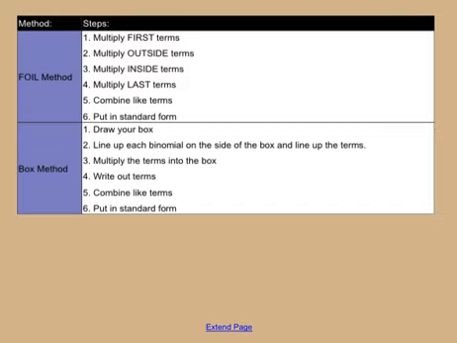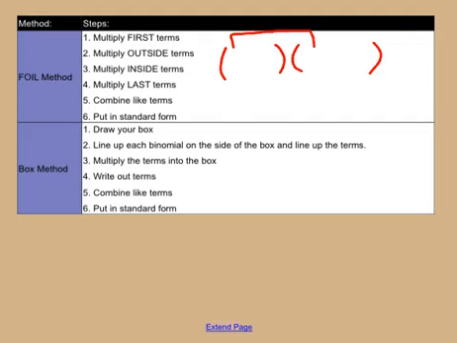Alright, so here's the FOIL method. Multiply first, outside, inside, last. So the first letter, those all caps words, is FOIL, the first letter in those words. Combine like terms, put in standard form. So what the FOIL method is, we have these two binomials.